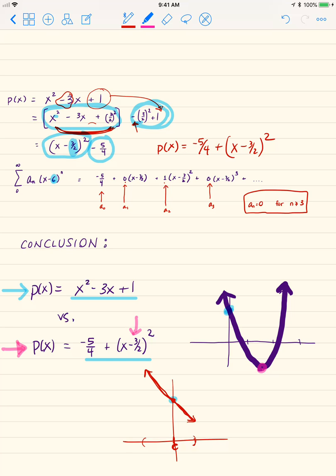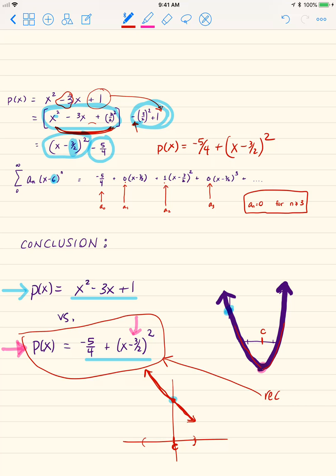My focal point is at 3 halves, and here's C. And if I'm going to the left or to the right, the center of my screen is the vertex. So in our second example, we are recentering the power series at the vertex of the parabola.